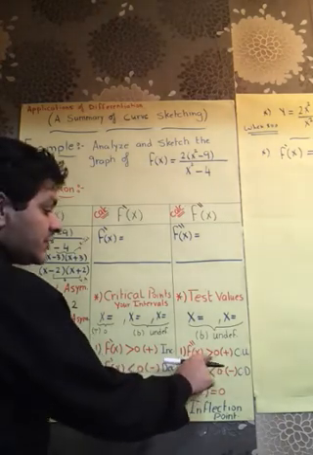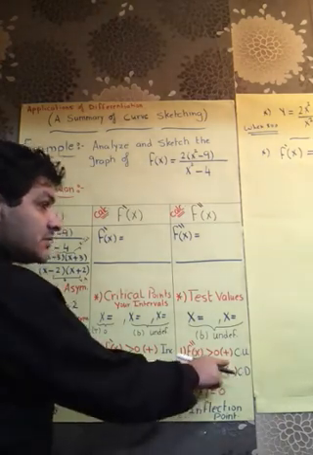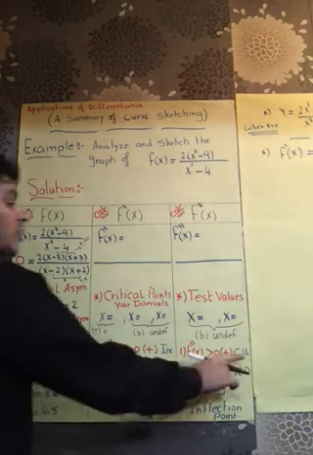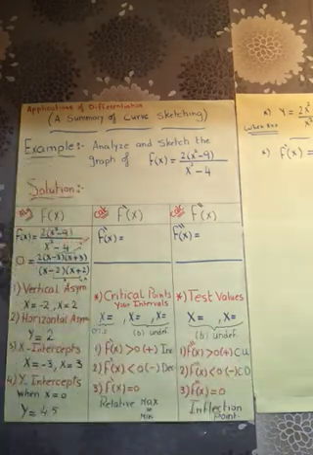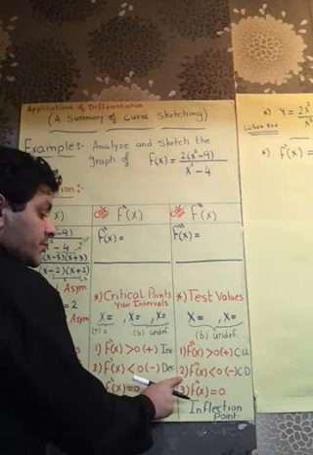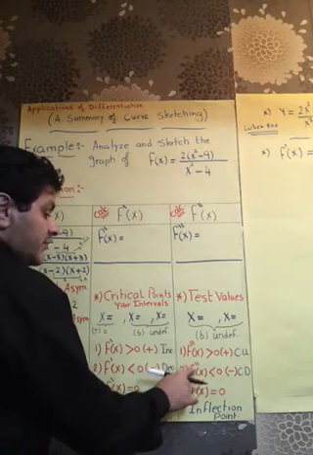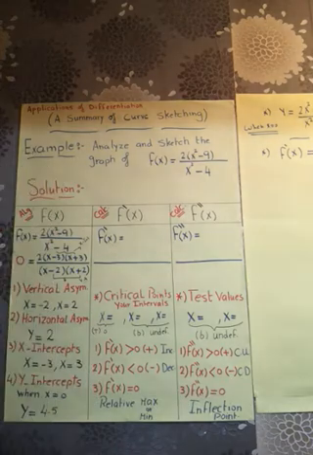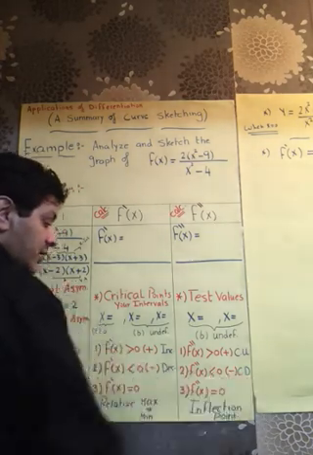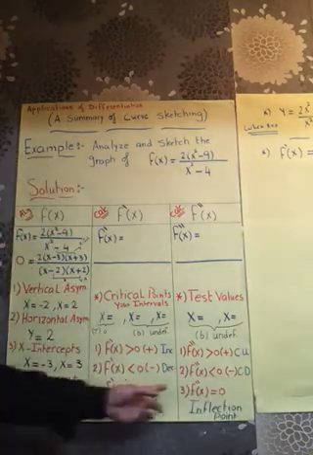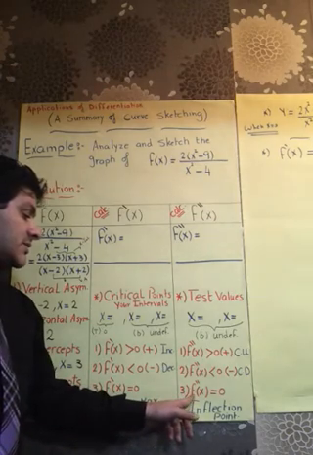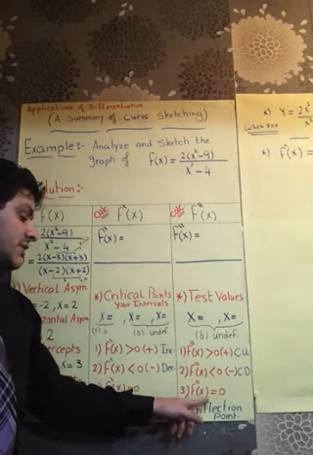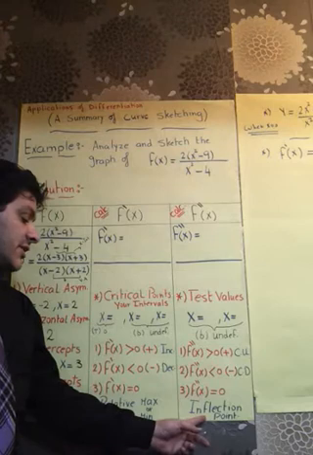If f double prime x is greater than 0, this means plus, concave up. Also, for the second part, if f double prime x is less than 0, this means negative, concave down. And finally, if f double prime x equals 0, this means inflection point.